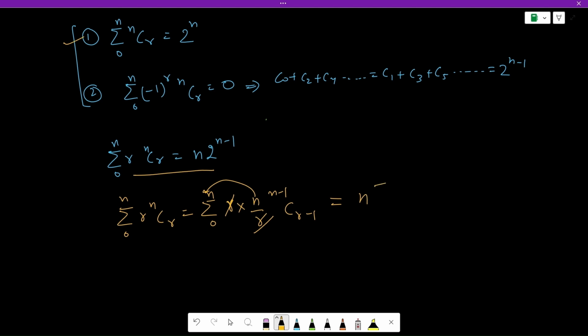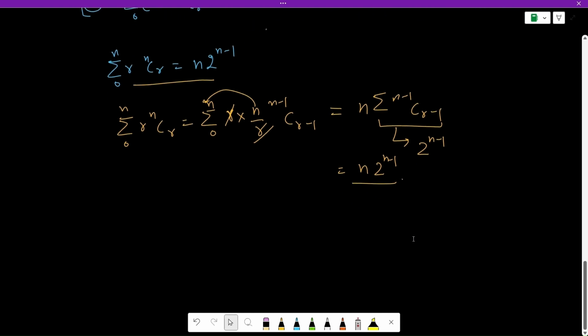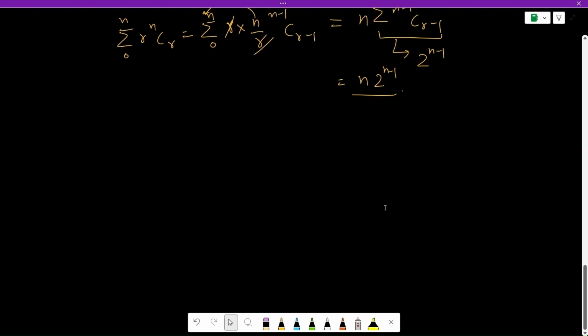This will become n summation n minus 1 C r minus 1. This is 2 to the power n minus 1. Thus we get the result n into 2 to the power n minus 1. Alright, so this was the third important result we need.